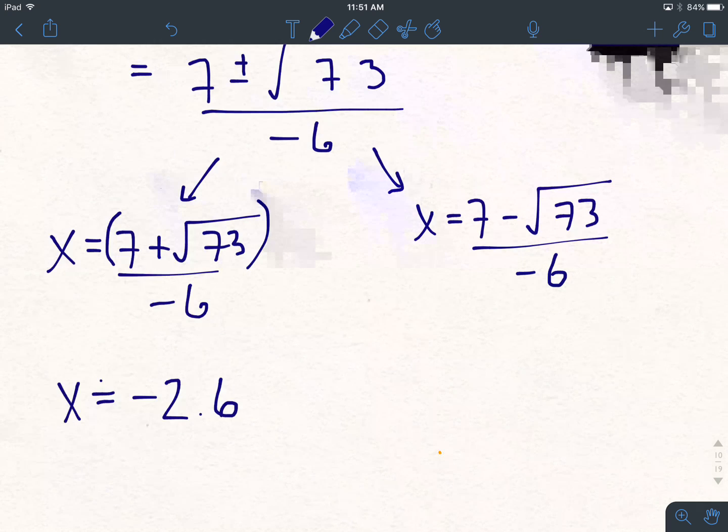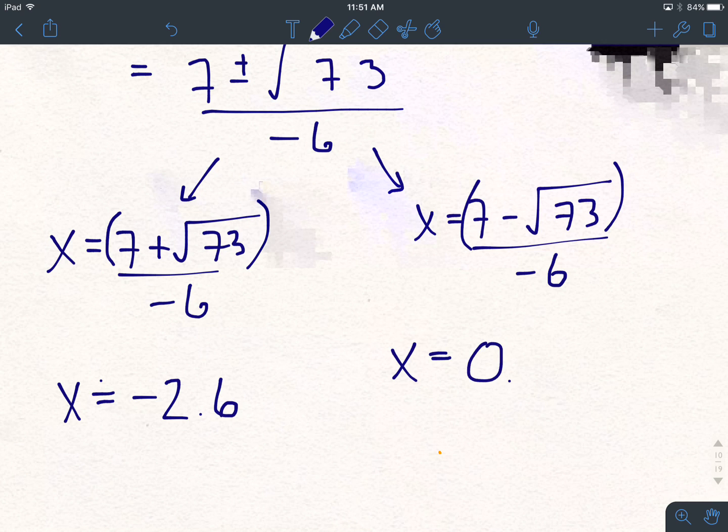Let's work to our second example. Same thing: I want to finish my numerator before dividing by negative 6. So I'll type this into my calculator: 7 minus root 73 equals, and then divided by negative 6. And that will give me 0.3.